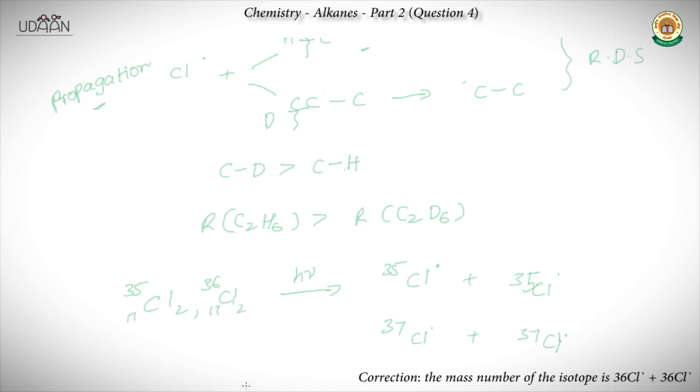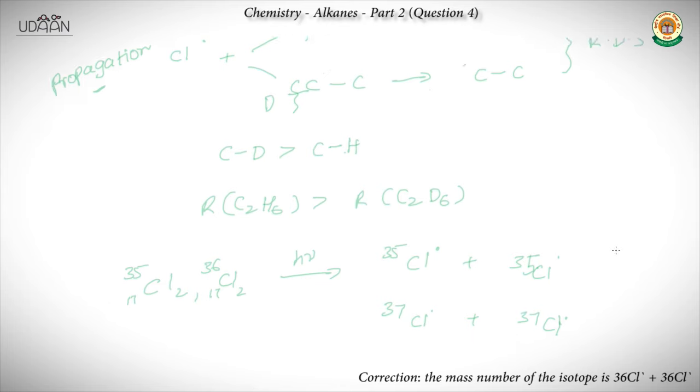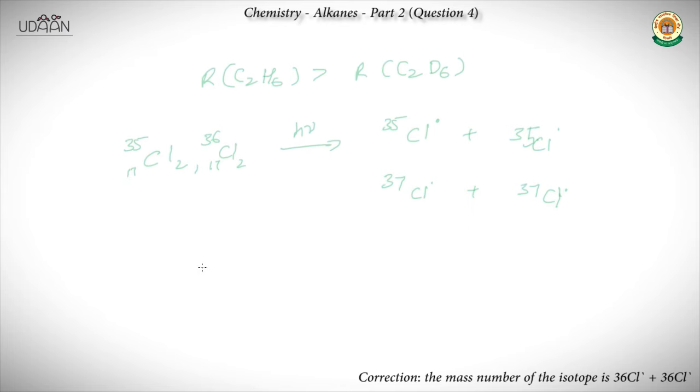And if you observe, this is not the rate determining step. So in the rate determining step, if you take any one, you're going to cleave only a CH bond or a CD bond. Right, so it doesn't make much of a difference, does it?